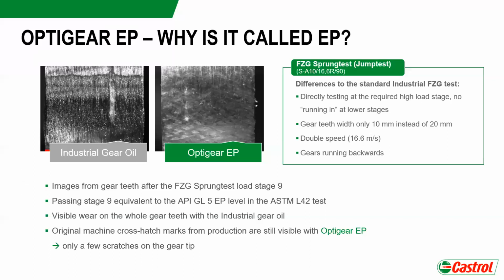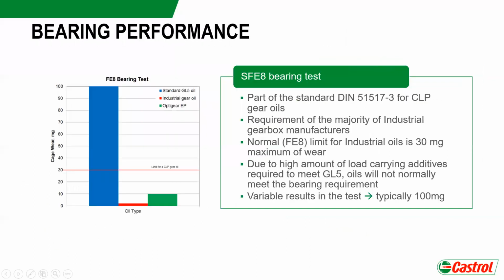So why don't we use an automotive type of gear oil? Well, on the next slide, it has been mentioned the FE8 bearing test. So for an automotive GL5 gear oil, it can generate up to 100 milligrams of wear or more. And for a DIN CLP gear oil, you need lower than 30.